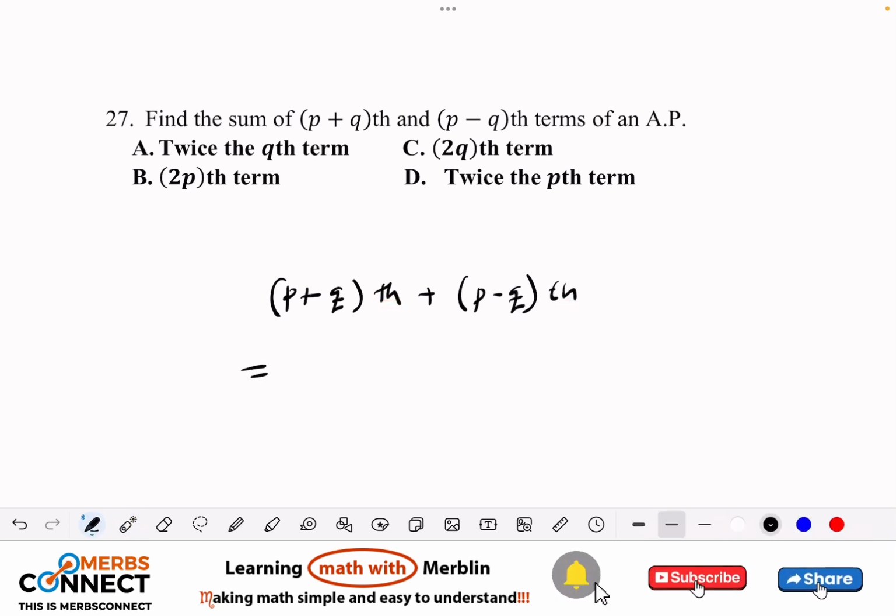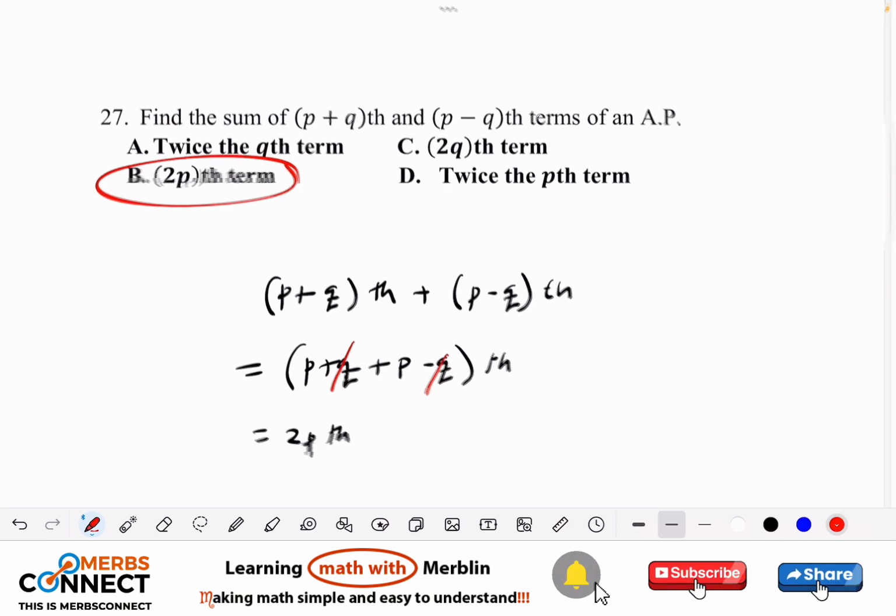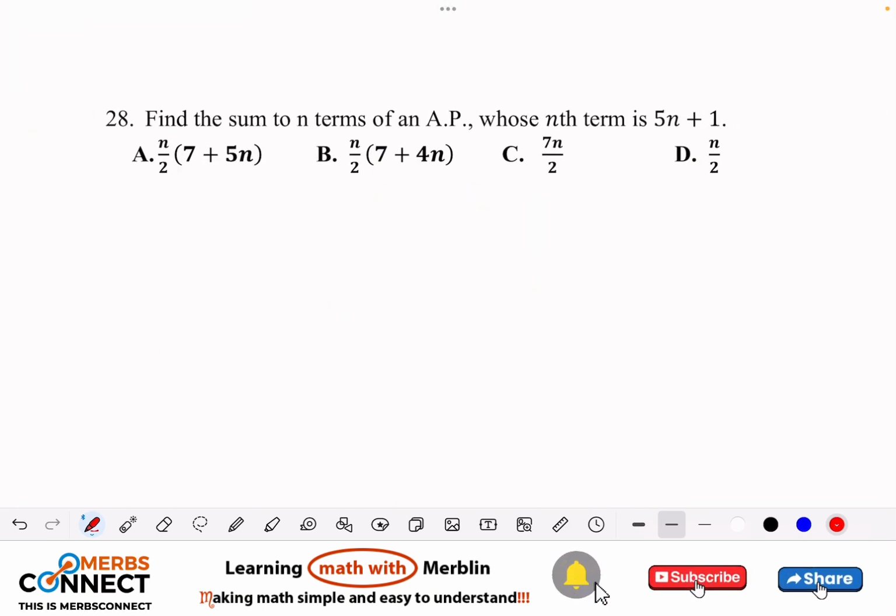So I'm going to have something like P plus Q plus P minus Q. Q out, and then we are going to have 2P term. So this should give us something like P. We are almost done.